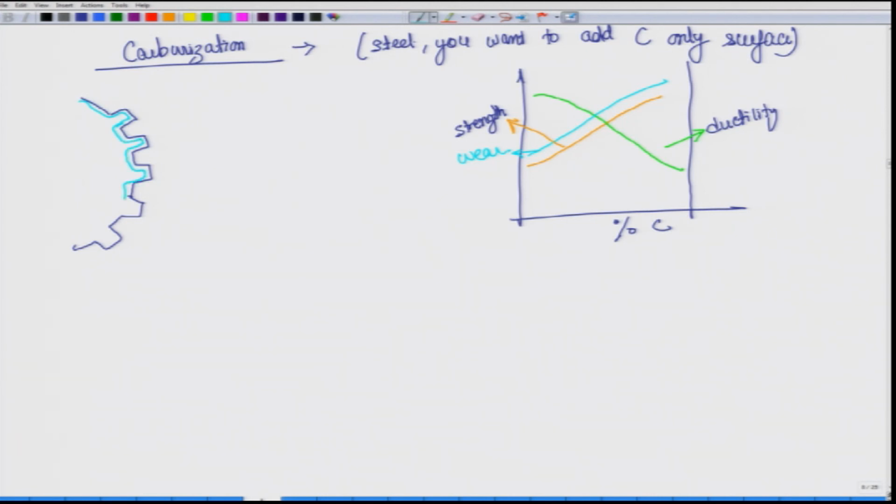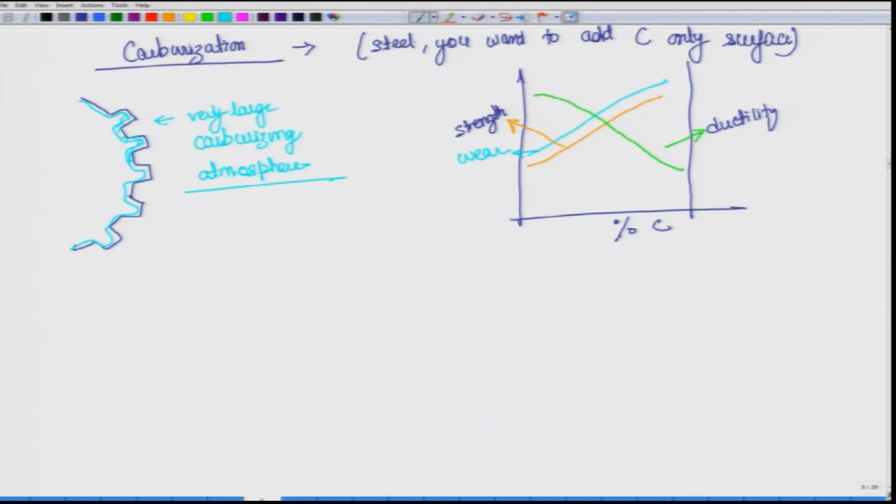Why would you want to increase carbon concentration throughout the bulk? That will make it brittle. So, you would increase carbon concentration only on the surface, and this is done by exposing it to a very large carburizing atmosphere.